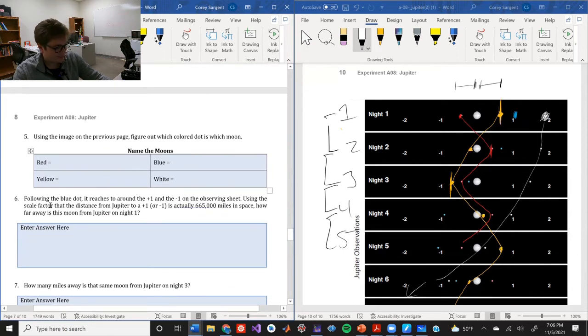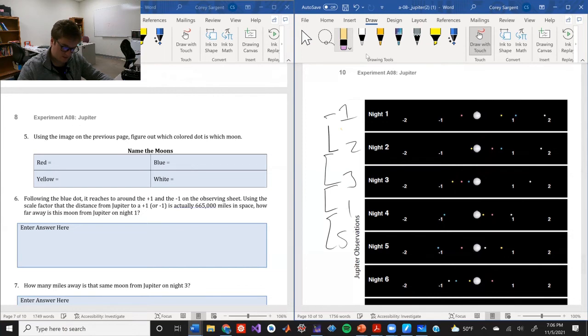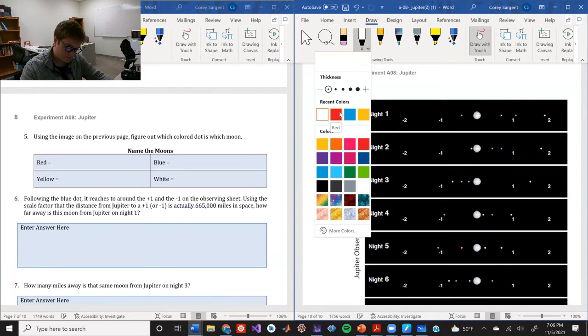Now, question six asks you, following the blue dot, for example, it reaches around the +1 and the -1 on the observations. I'm going to erase some of our stuff so we can get a nice clean spot. All right, so it's asking about the blue dot now.